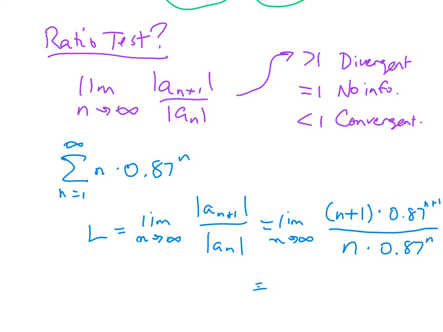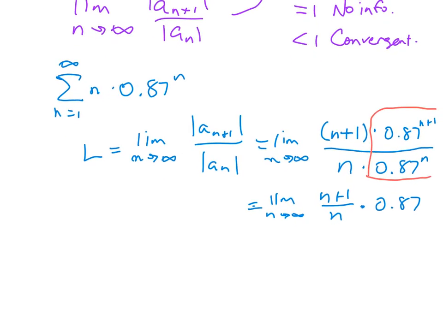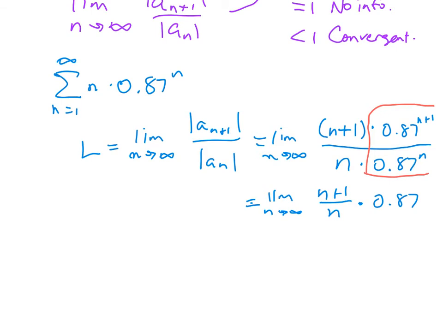So that's going to give me the limit as n goes to infinity of n plus 1 over n times 0.87 to the n plus 1 over 0.87 to the n, and that's going to simplify to 0.87. So now I'm just looking at the limit as n goes to infinity of n plus 1 over n times 0.87.